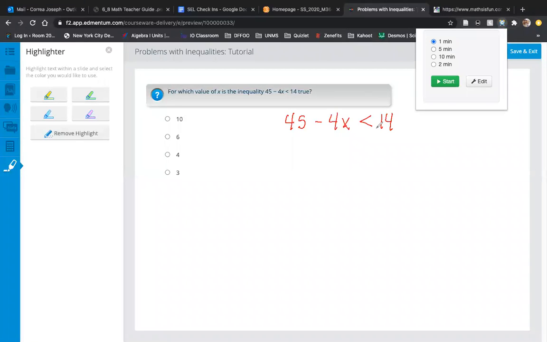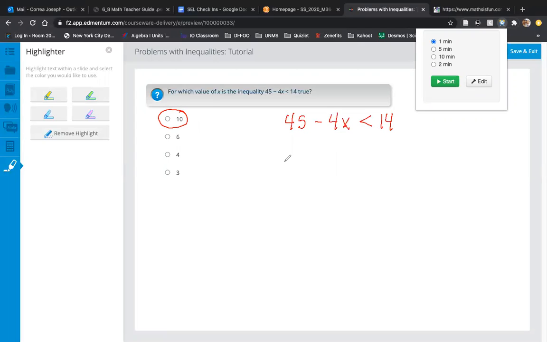Okay, I did see a couple of people get it right. Let's go ahead and see. More people got it right than not. The answer here is 10. Let's check it out.